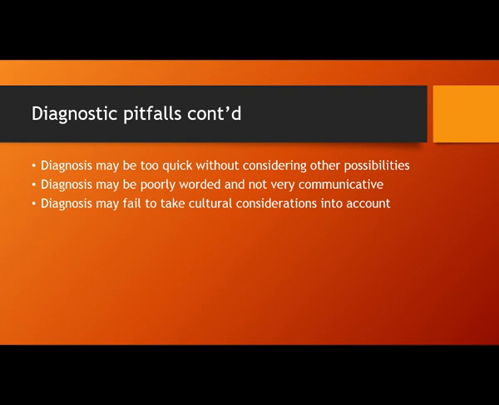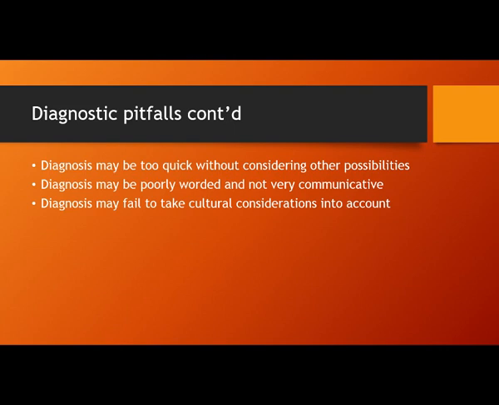Your diagnosis can be made too quickly without considering other possibilities. Remember when we said to cultivate critical thinking? Think about other possibilities. Even though something seems obvious, just think, could this be from something else? Is there any other scenario that would explain all these findings?